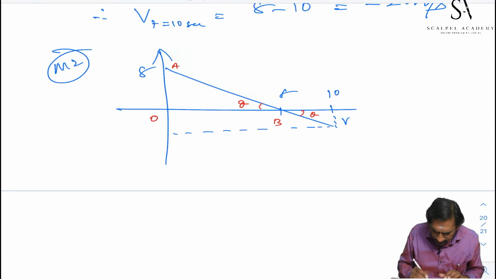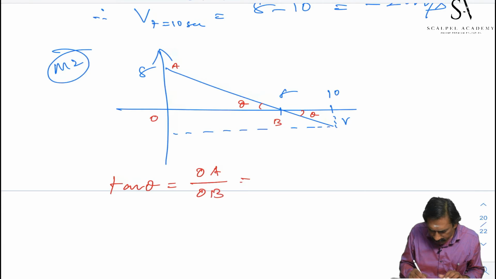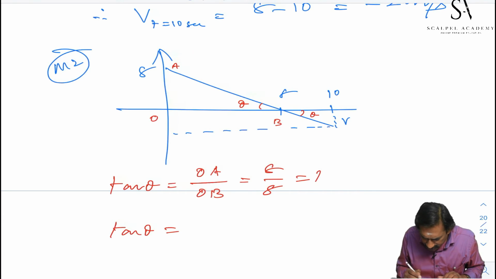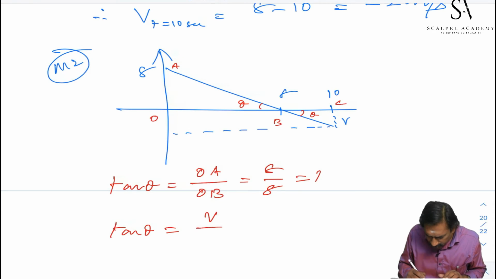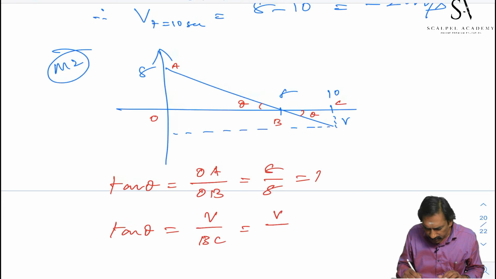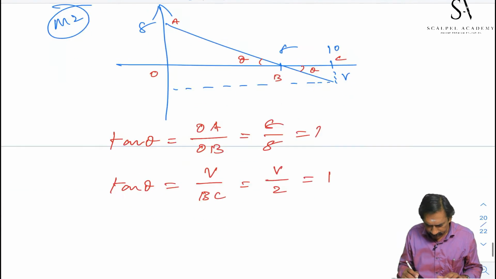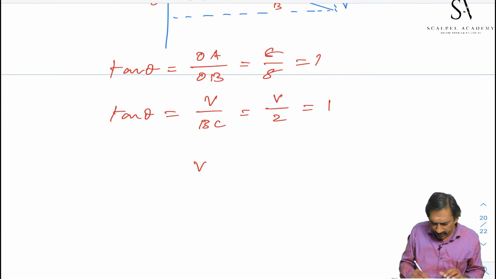OA is 8, tan theta is equal to OA by OB, that is equal to 8 by 8, that is equal to 1. Similarly, in the next triangle, tan theta is equal to V divided by BC. What is BC? BC is equal to 10 minus 8, 2 seconds, that is equal to 1. Therefore, V is equal to 2.